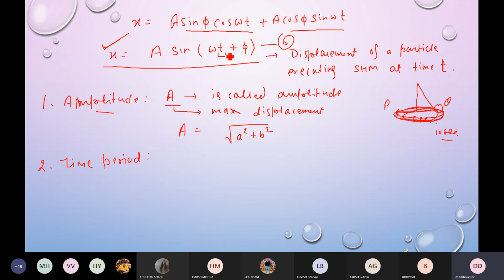So if you replace in this equation t by t plus 2 pi by omega, what will happen? What will happen to equation number 6? Can anybody tell me?